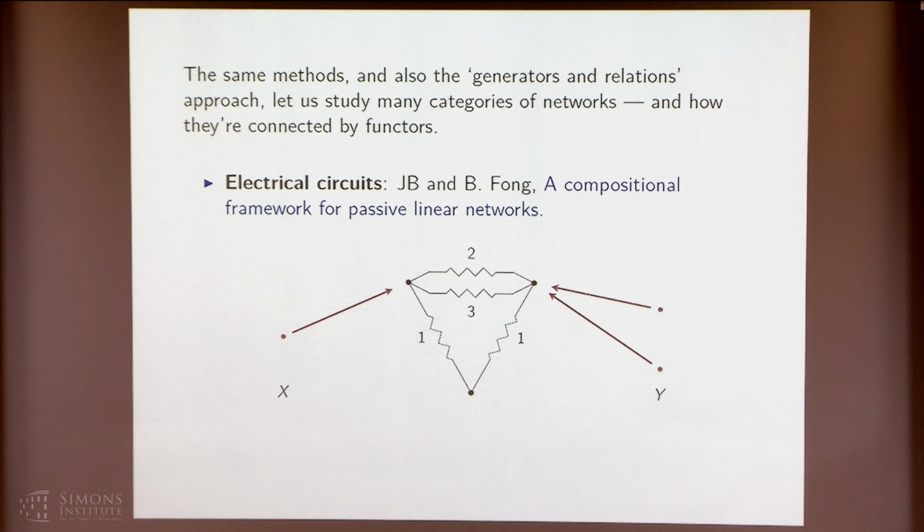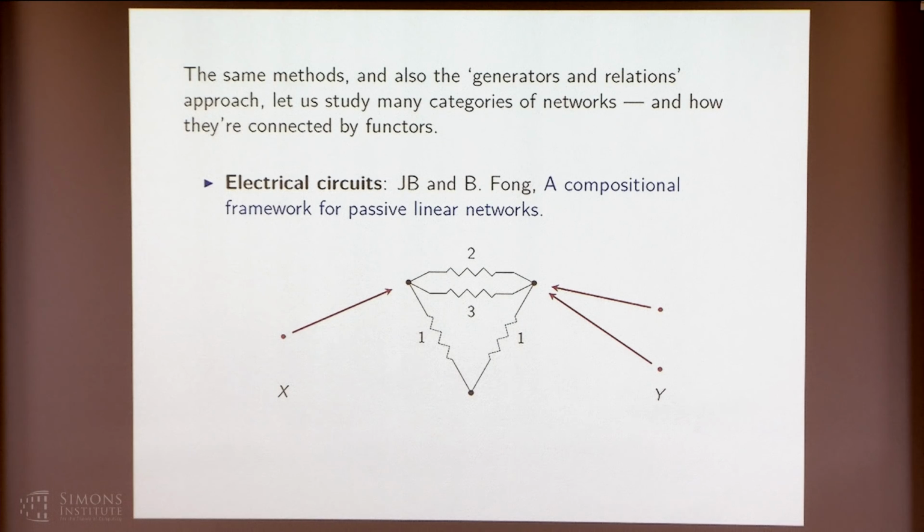So before we got into open Petri nets, which involve nonlinear differential equations, Brendan Fong and I started looking at electrical circuits, which involve linear differential equations. Here I'm drawing the simplest kind, just involving resistors, where you don't really have differential equations at all. You just have linear equations relating the currents and voltages of the system.